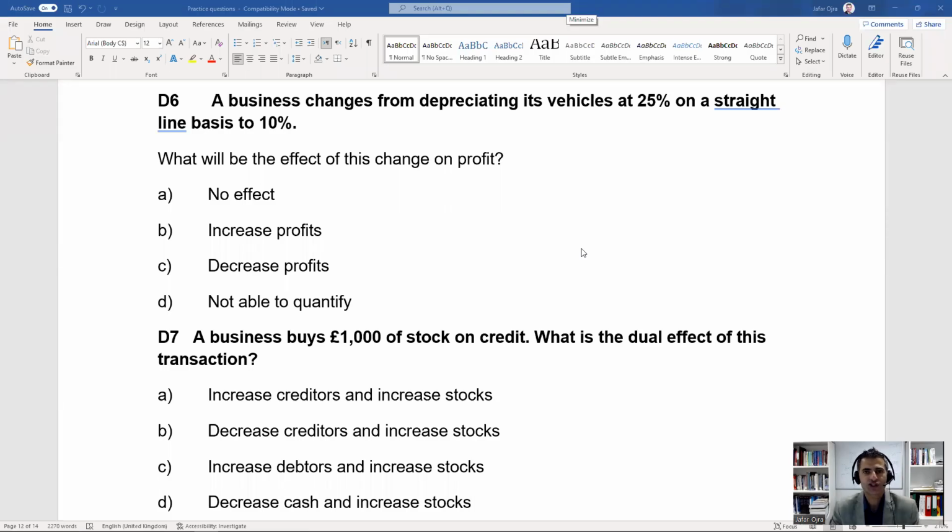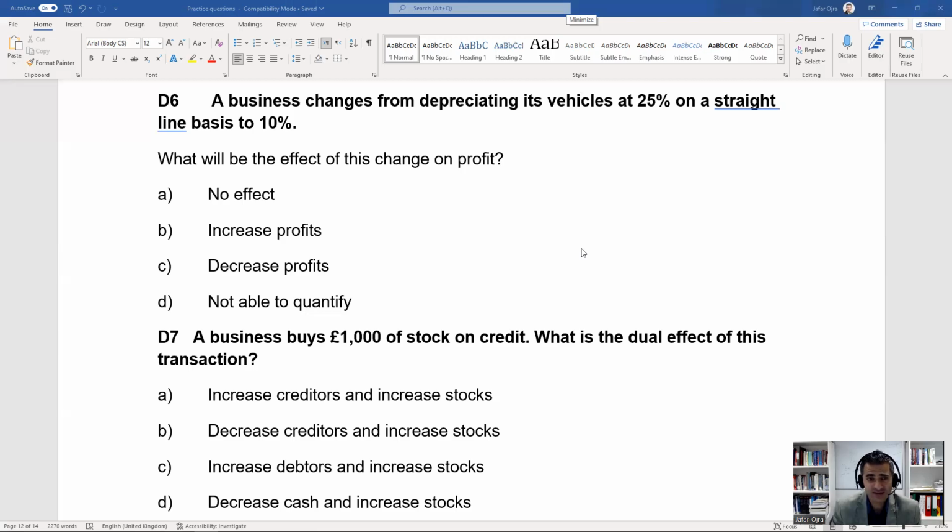D6. A business changes from depreciating its vehicles at 25% on a straight line basis to 10%. What will be the effect of this change on profit? It was at 25%, and now it is 10%. So what would be the effect on the profit?